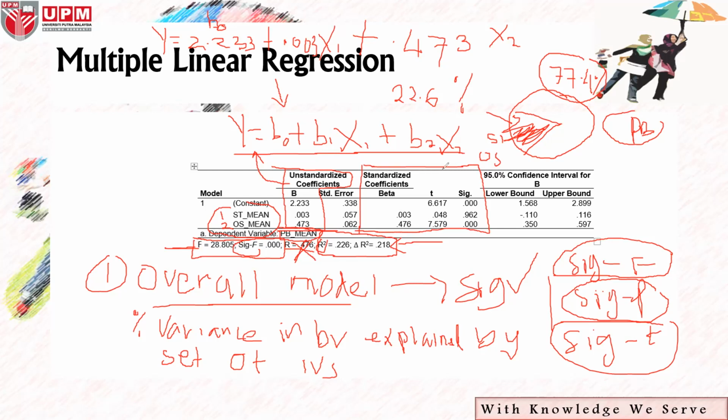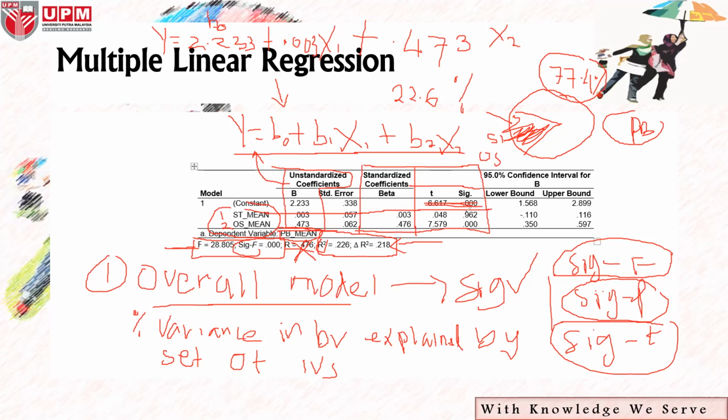Now we refer to the standardized coefficient beta, specifically on T and significant T. Okay, just ignore the constant value here. Focus on this value. The T and significant T.